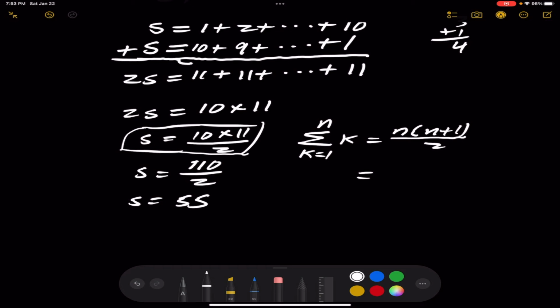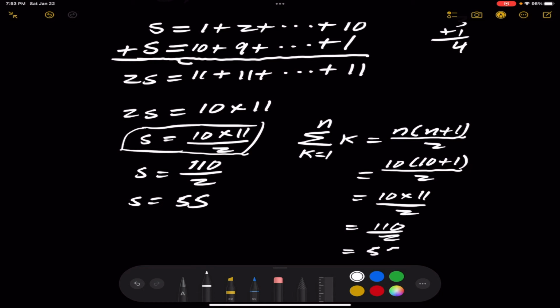Let's plug in 10 right here. So 10 times 10 plus 1 over 2 equals 10 times 11 over 2, which is 110 over 2, equals 55.